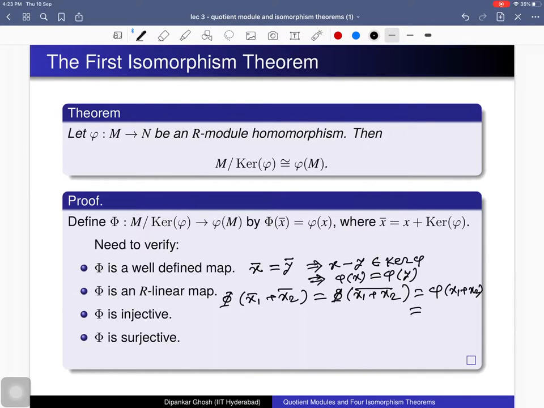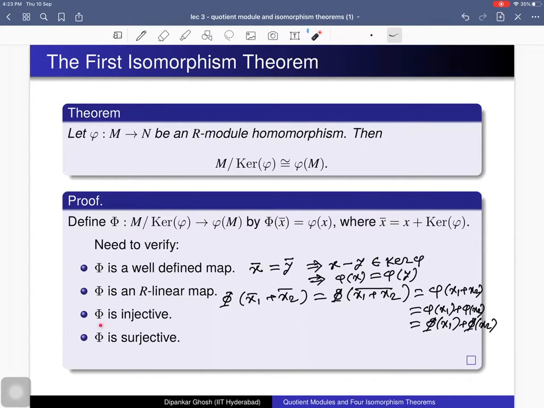Since φ is an R module homomorphism, this is the same as φ of x1 plus φ of x2, and this is the same as capital Φ of x1 bar plus capital Φ of x2 bar. And in the same way you can verify that it preserves scalar multiplication also. So this is an R-linear map.